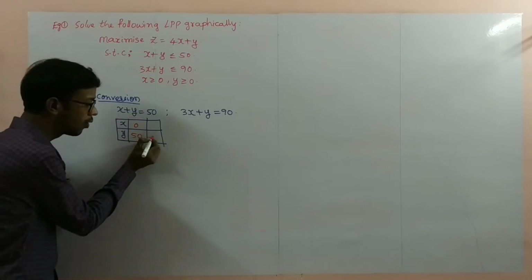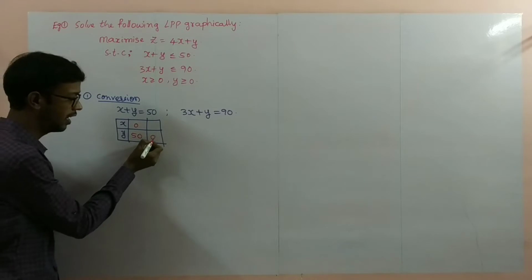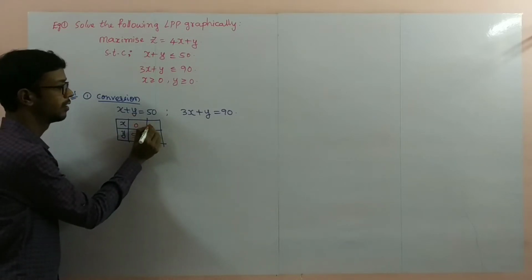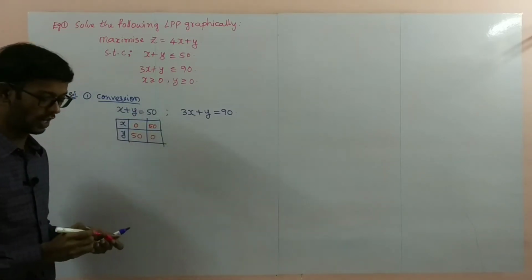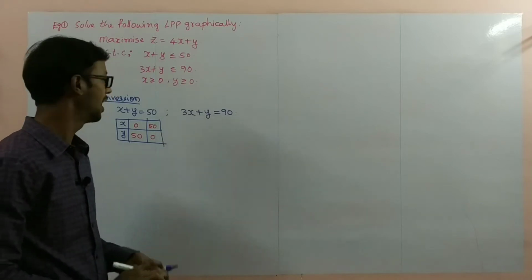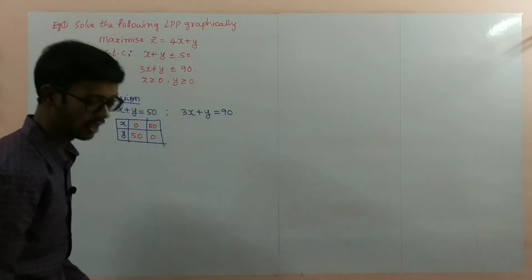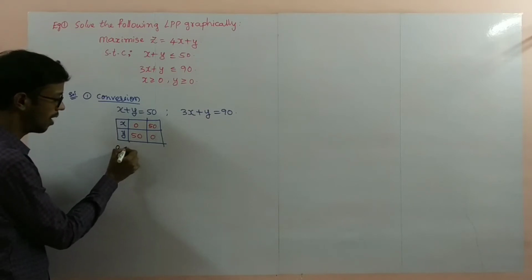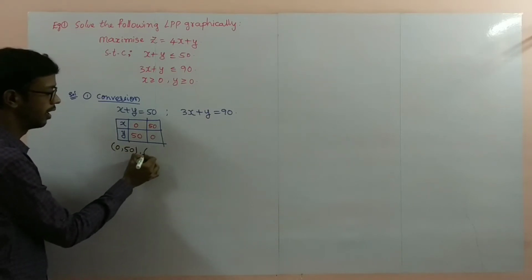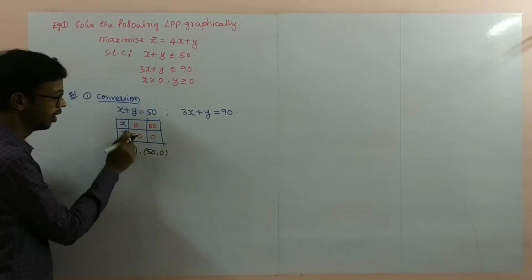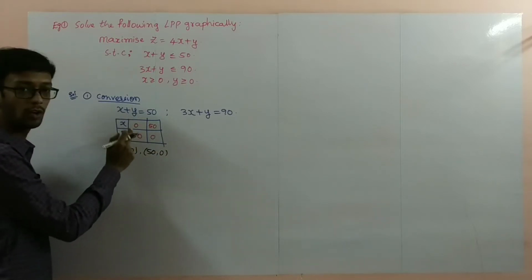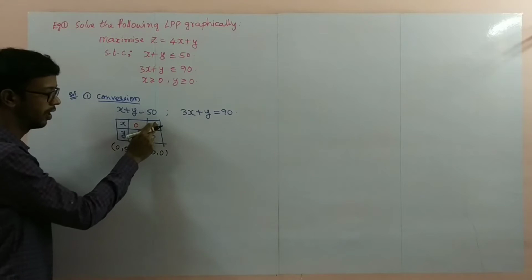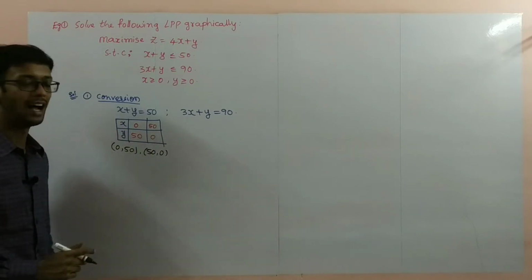Now substitute y equal to 0: x is also 50. So the points are 0 comma 50 is one point and 50 comma 0 is another point.